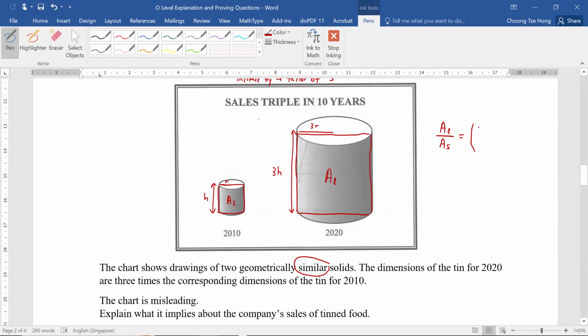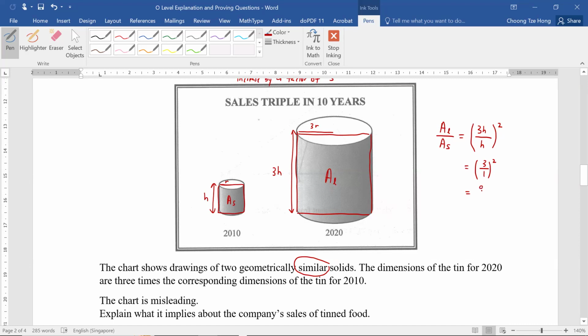Let's say we use the height, so 3h over h. 3h is the height of the larger tin and h is the height of the smaller tin. Then the relationship will be squared. So the ratio of area equals the ratio of height squared. From here we can simplify this to be 3 over 1, squared.